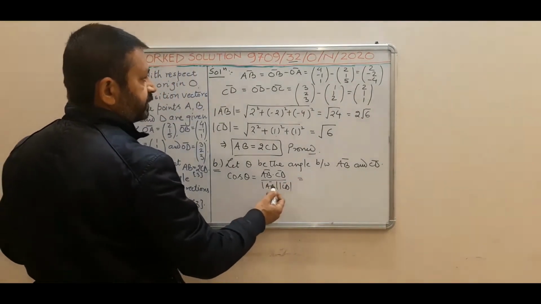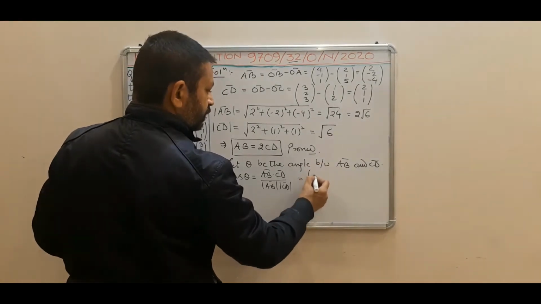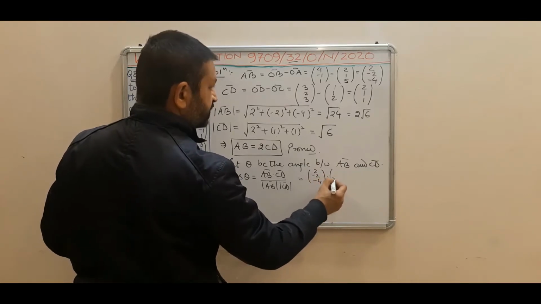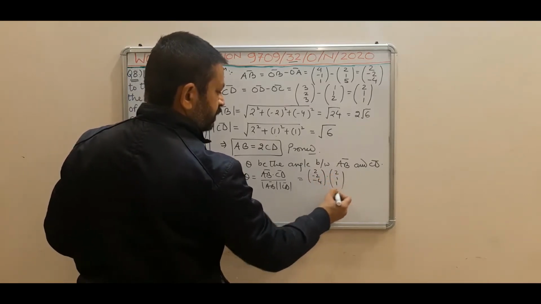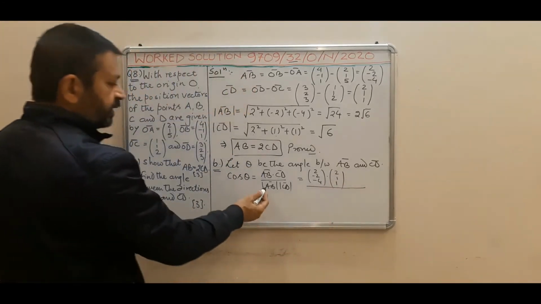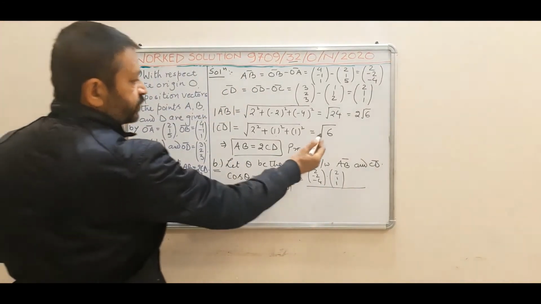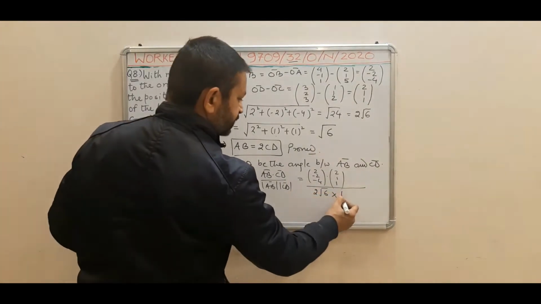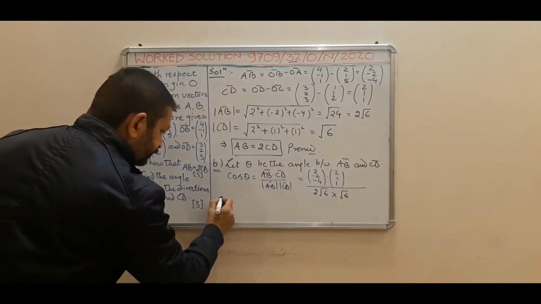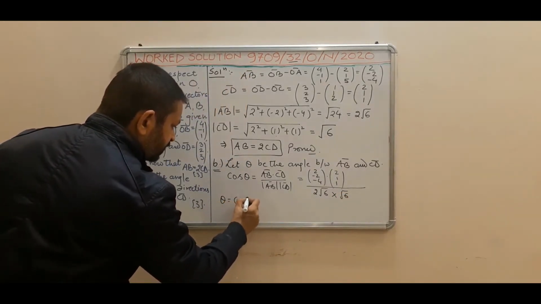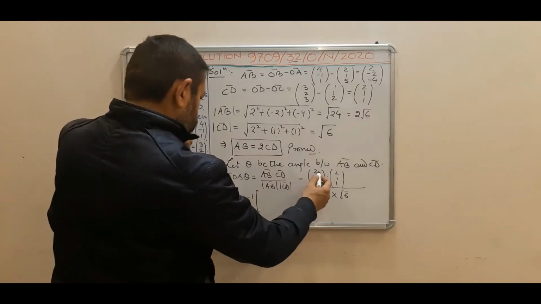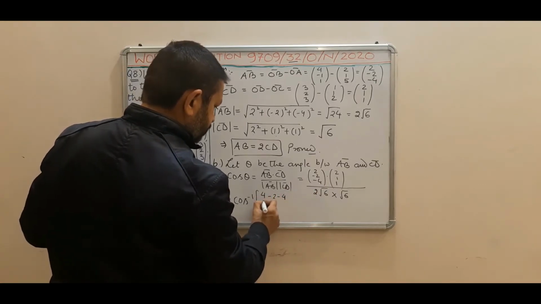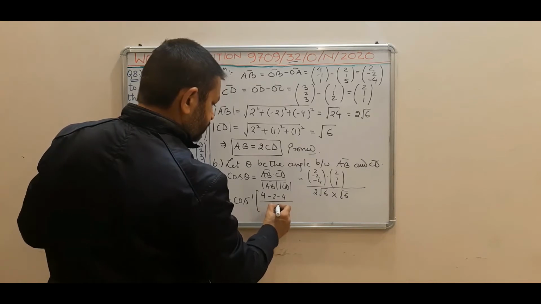What will be AB dot CD? AB is (2, -2, -4) dot CD is (2, 1, 1). We'll put their moduli here. Mod of AB is 2 root 6 into mod of CD is root 6. So theta will become cos inverse of (2 into 2, 4, minus 2, minus 4) upon 2 into 6, which is 12.